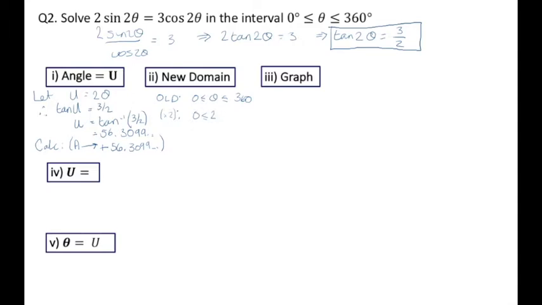Theta times 2 is 2 theta. 360 times 2 is 720. This is our new domain. So our new domain is going from 0, 2 theta is u, so your new domain has to be in terms of u, up to 720.